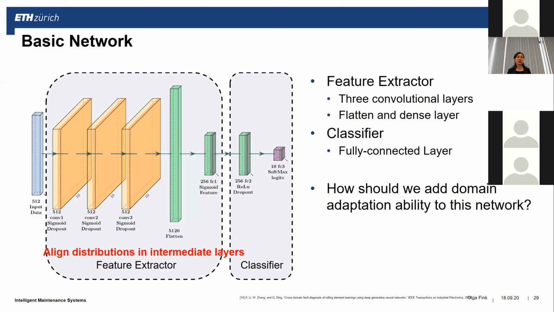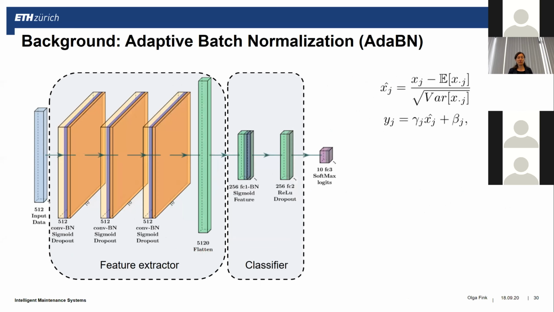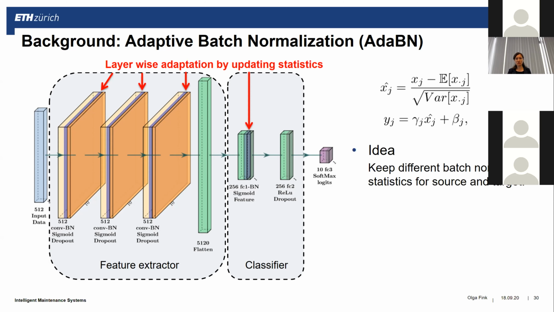Normally we would apply the normal batch normalization, but now we distinguish between the source and the target statistics and apply it layer-wise. So it's quite simple to apply and not computationally expensive. But of course, it's not optimized because we are not integrating it into the learning in the loss function.